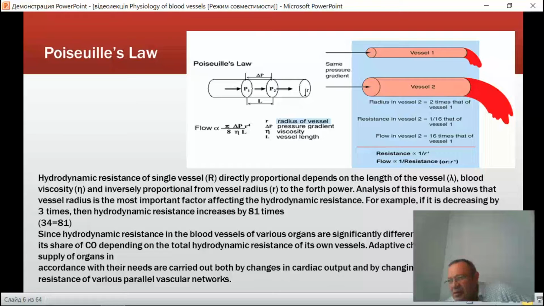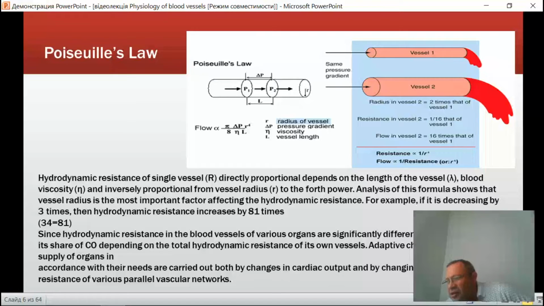Since hydrodynamic resistance in the blood vessels of various organs is significantly different, each organ receives its share of cardiac output depending on the total hydrodynamic resistance of its own vessels.